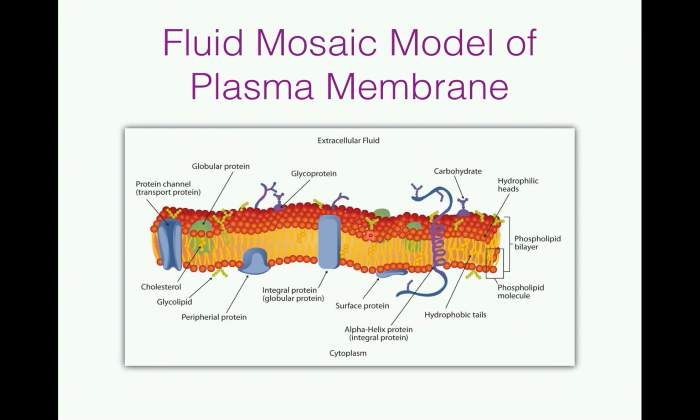Now, in this model, proteins are globular and they are of two types: extrinsic or peripheral, and intrinsic or integral.